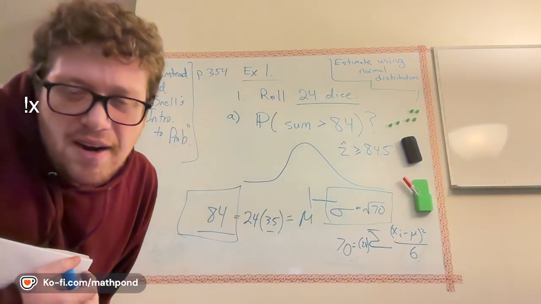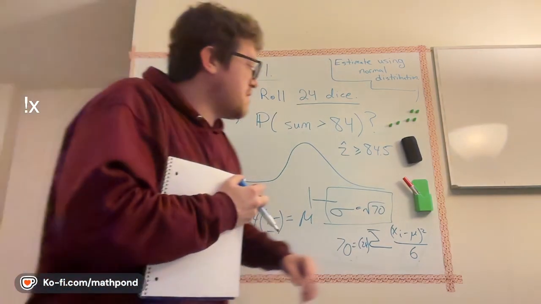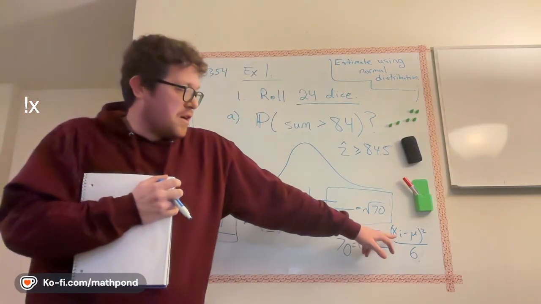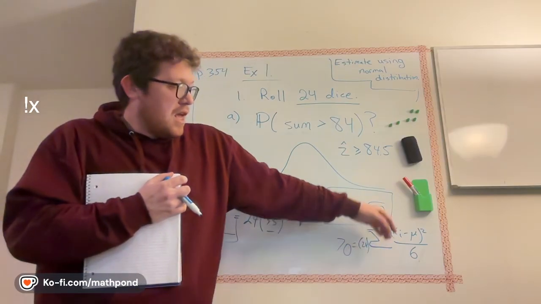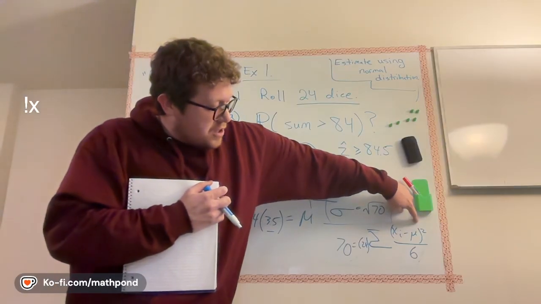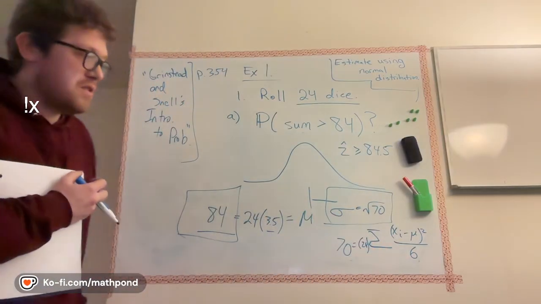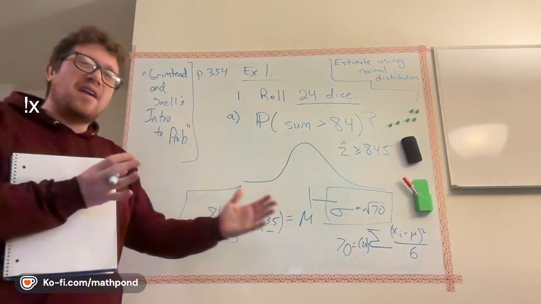What is variance? Great question. So the definition of variance is right here. We're going to take all the values that the random variable can take, subtract the mean and then square it, and then add them all up and divide by the number of elements. The variance is a notion of how wide the distribution is.